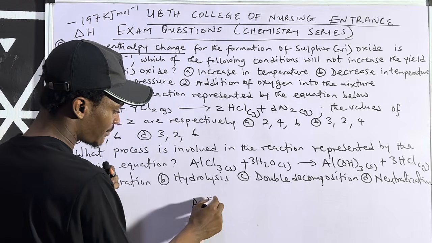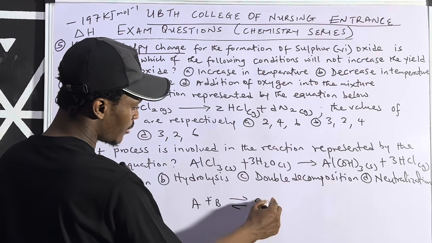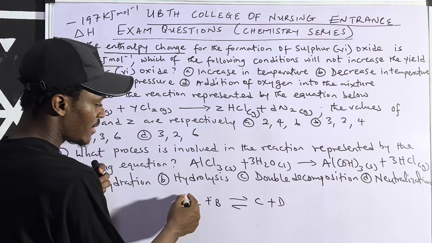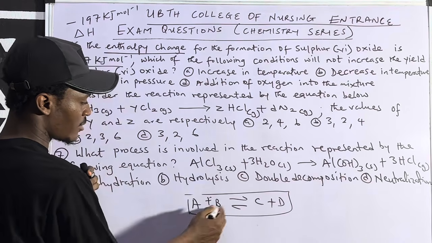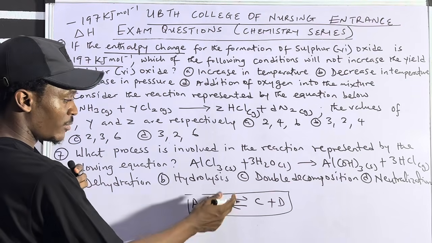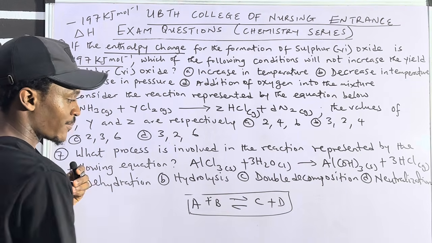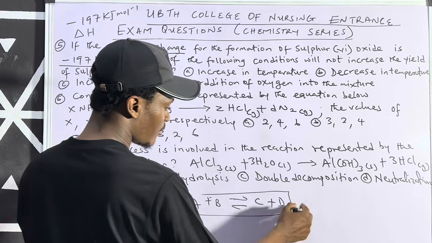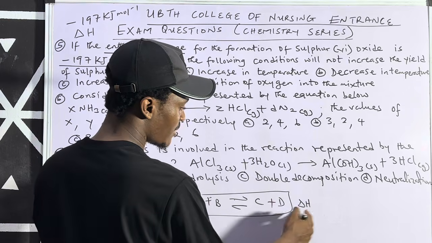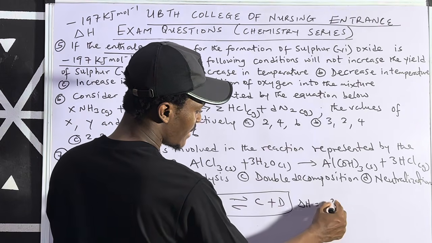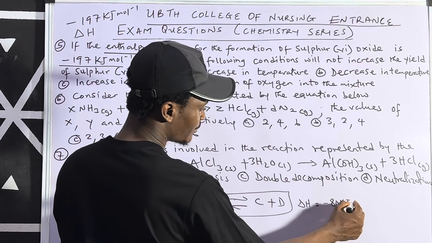A plus B to give C plus D. This is a reversible reaction because it proceeds in two directions, with double arrows. Let's say for this reaction we have our delta H, which is enthalpy change, to be negative 80 kilojoules per mole.